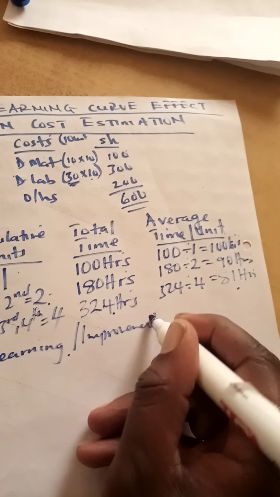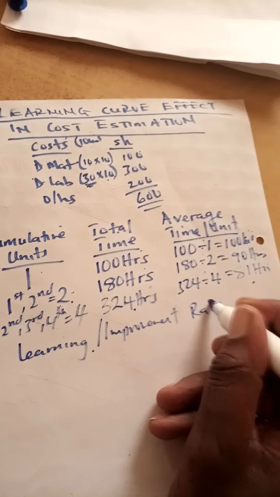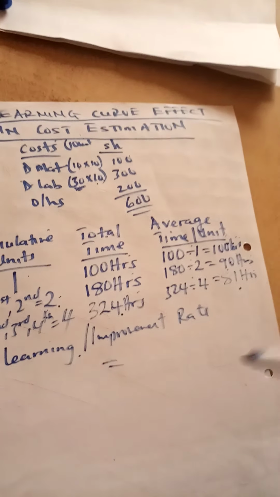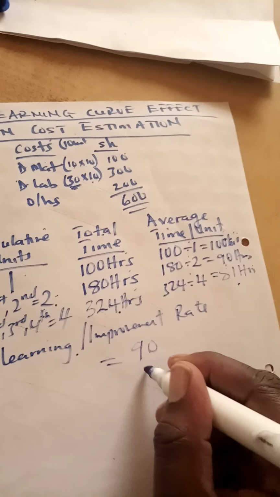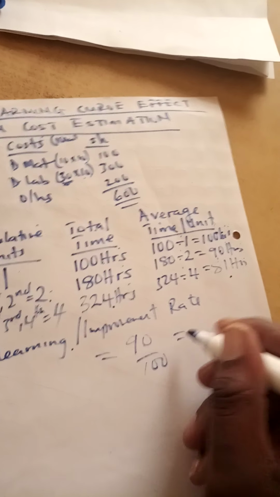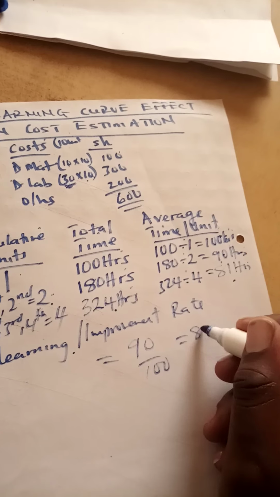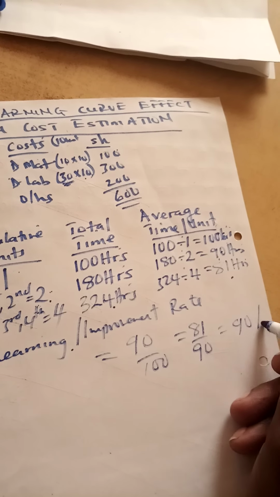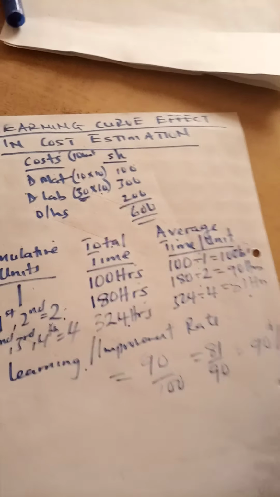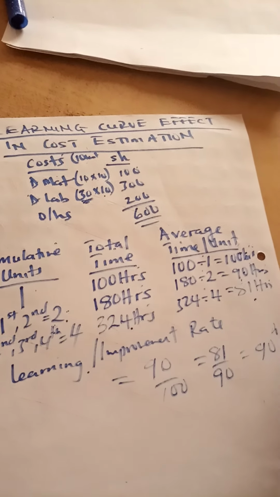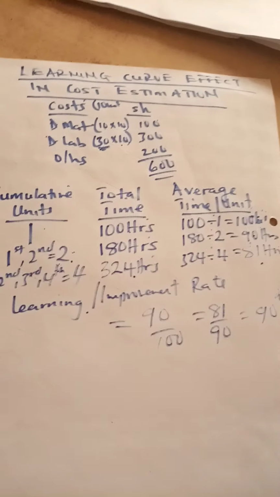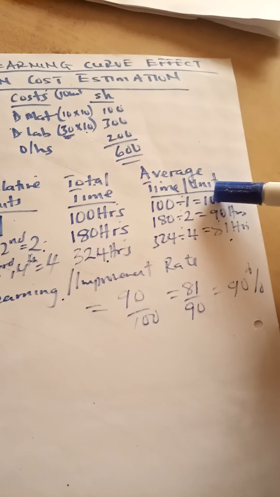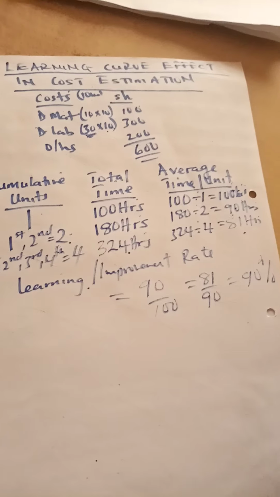It is the main thing that we will always be interested in. And how do you get it? It is just the reduction in time. From 100, now you are getting 90. So 90 from 100, or even 81 from 90, you get 90%. Like in my example, you will be talking of a learning or improvement rate of 90%, meaning the laborers are cutting down the average time per unit to 90% every time they have doubled the previous units.